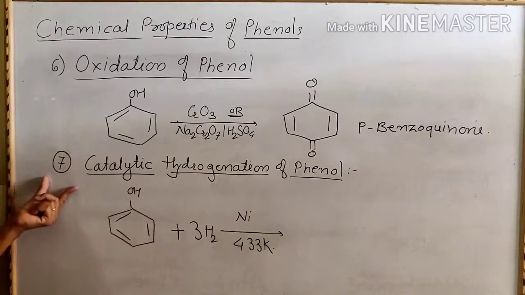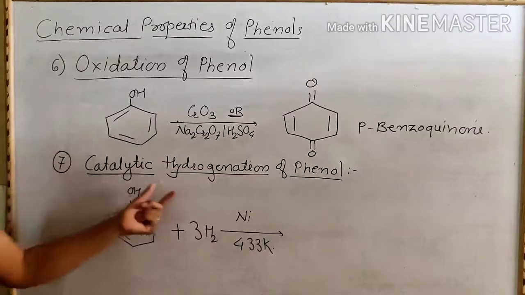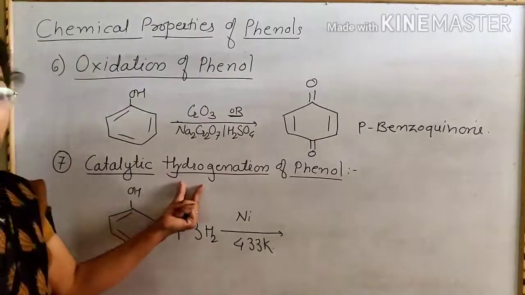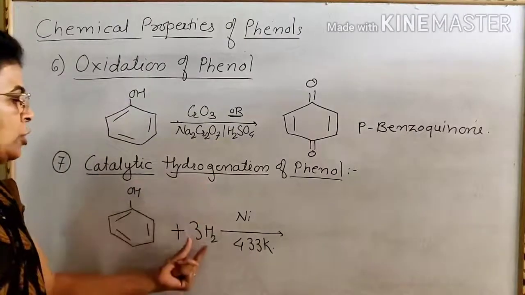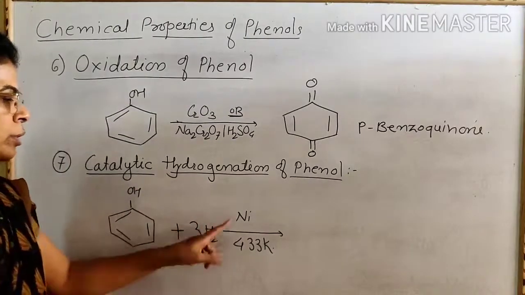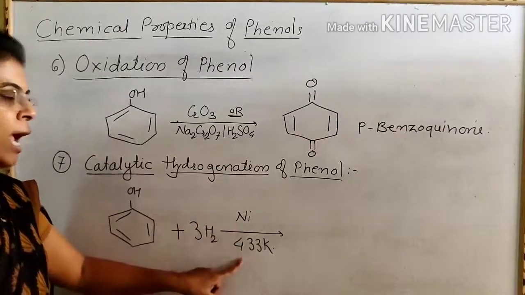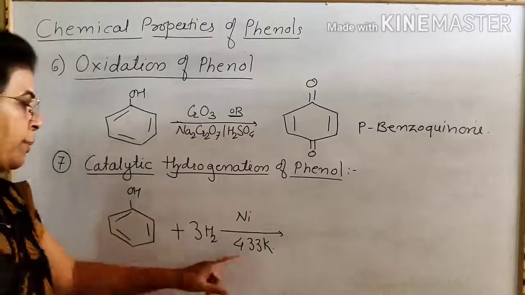Now, the seventh reaction we are going to see is catalytic hydrogenation of phenol. Hydrogenation means reduction of phenol, and this reduction is carried out in presence of nickel catalyst at 433 Kelvin temperature.